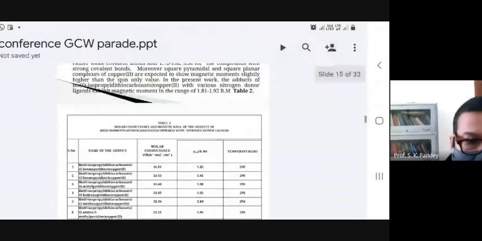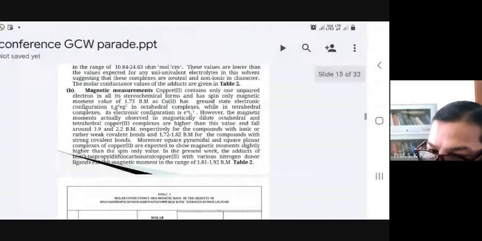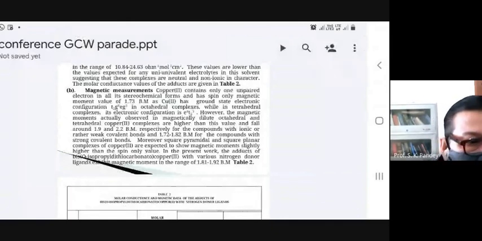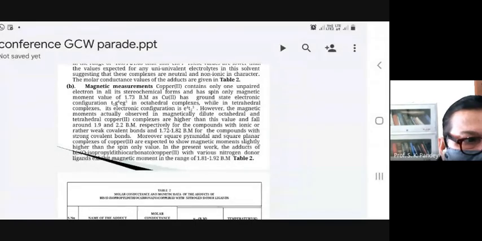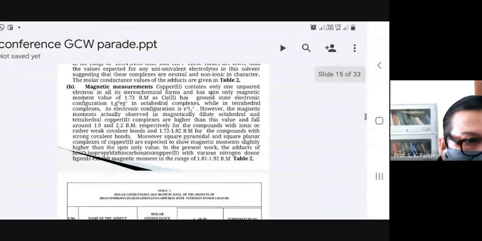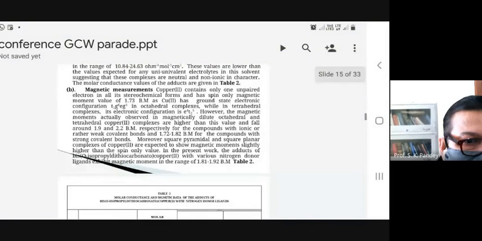Similarly, these complexes are also characterized by magnetic measurement. Copper 2 has a d9 configuration, with ground state configuration t2g6 eg3.